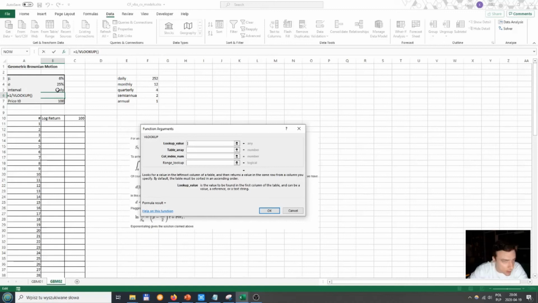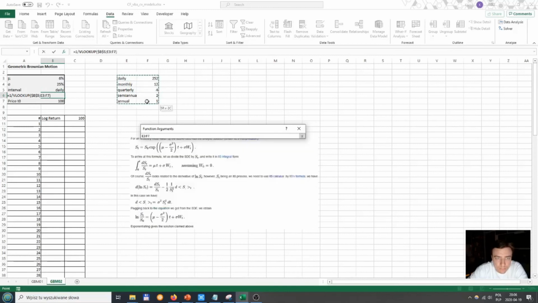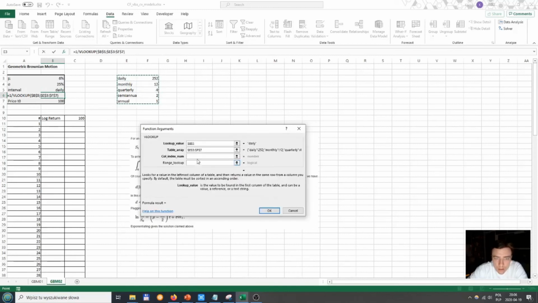So if I look for daily here in my array, and I choose the second column, I will look up daily, and the second column would be 252. If I choose monthly there, it would be 12, and so on.